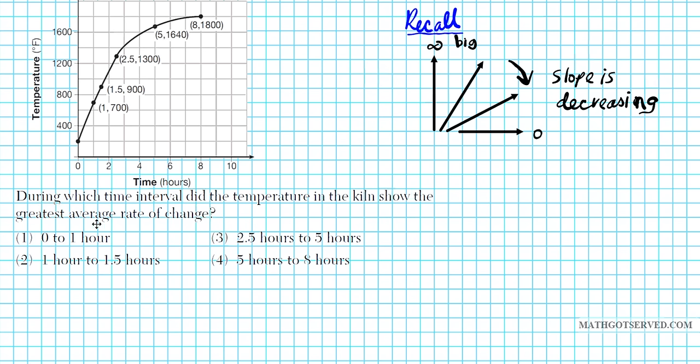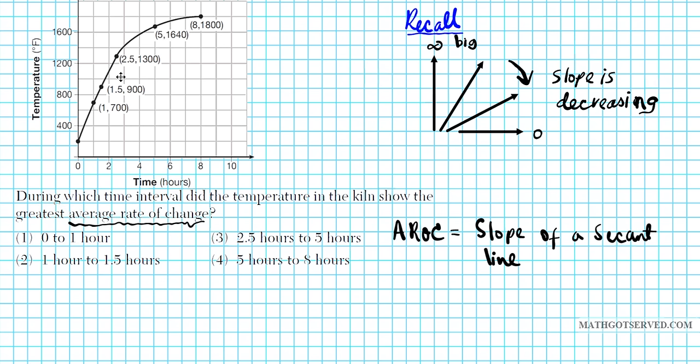Well, it is because this thing we're asked to find, average rate of change, is simply the slope of a secant line. I'm going to call average rate of change AROC. A secant line is basically a line that goes through 2 points on a graph.